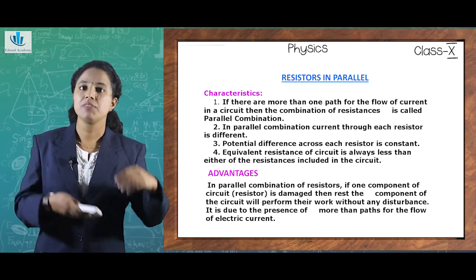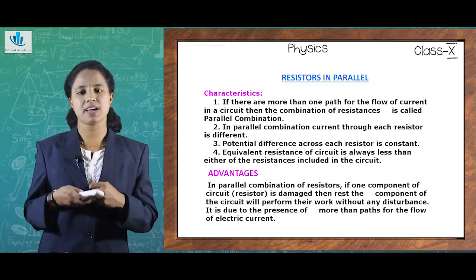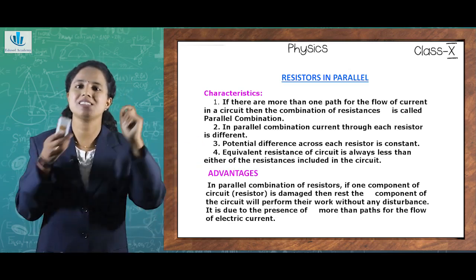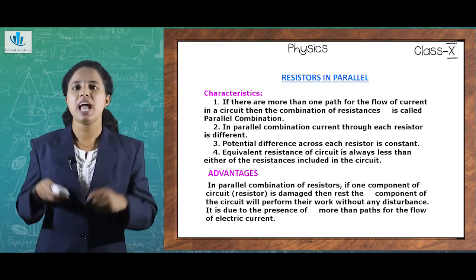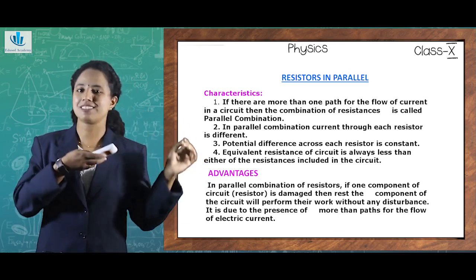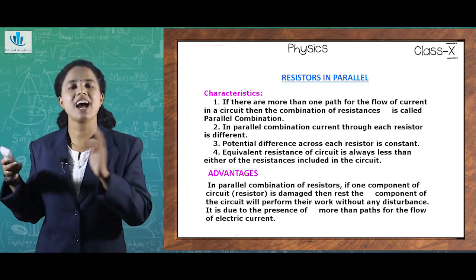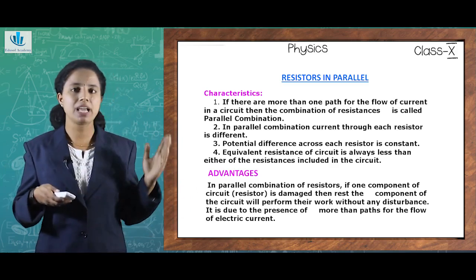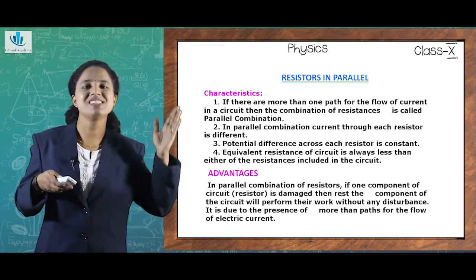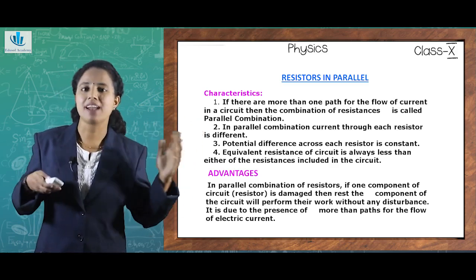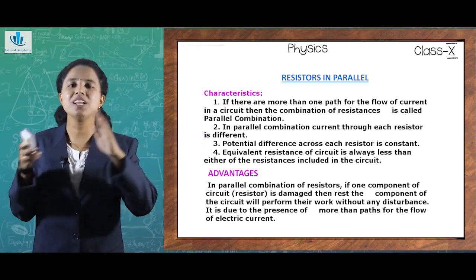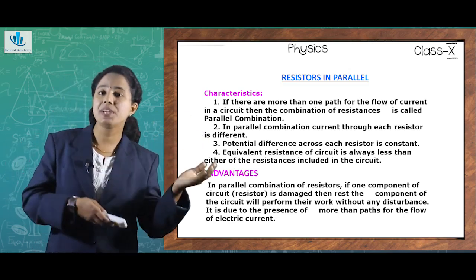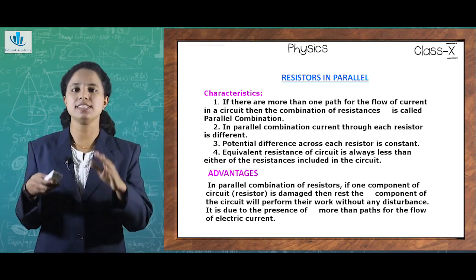But if there is more than one path, that combination is called a parallel combination. The potential difference across each resistor is constant, whereas the current is different. And you can see from the final equation 1 by Rp equals 1 by R1 plus 1 by R2 plus 1 by R3 that the equivalent resistance of the circuit is always less than either of the resistances included in the circuit.